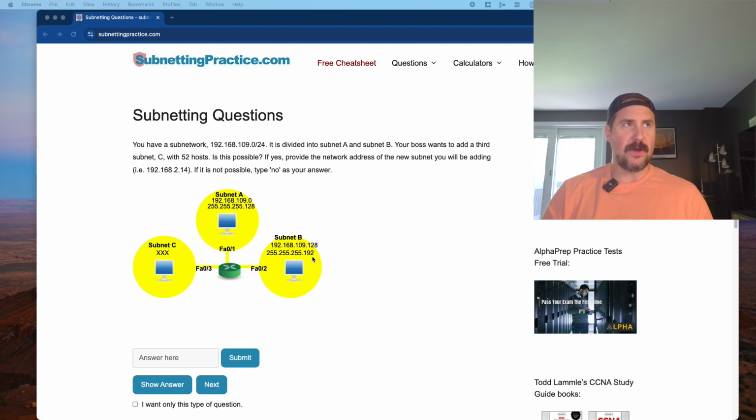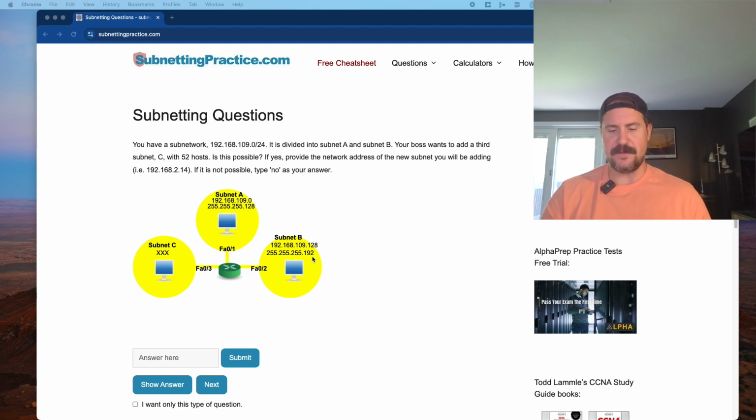All right, and so if this is possible, and so if it's at 192 and it needs to have a space of 50 for 52 hosts, well, 192 up to the end of the subnet would be up to 255. And then if we subtract those, we can see how much space is available.